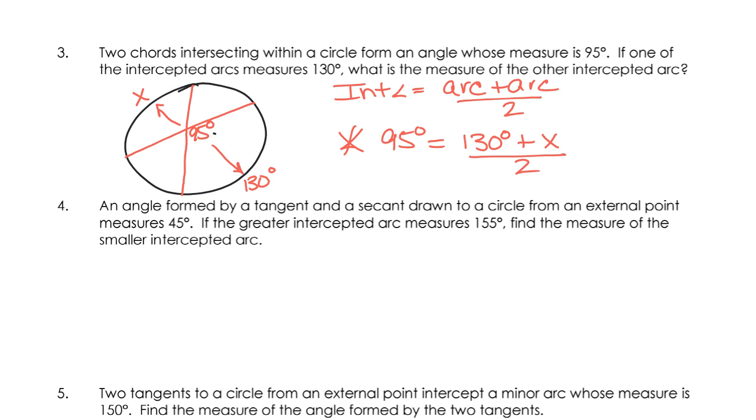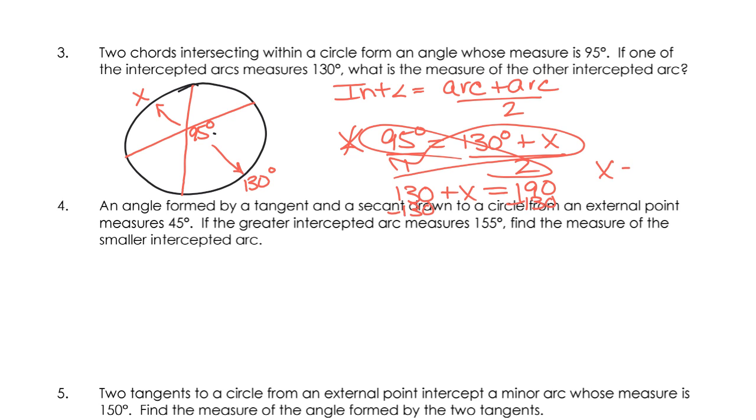This is a work backwards one, so I'm going to put this side over 1 so that I can cross multiply and get 130 plus x equal to 2 times 95, which is 190. I'll subtract the 130, and x comes out to equal 60 degrees. So the other intercepted arc is also 60.